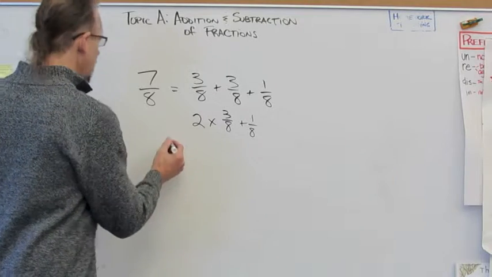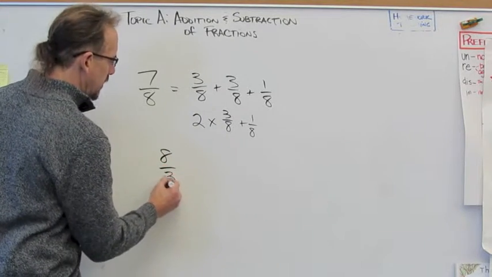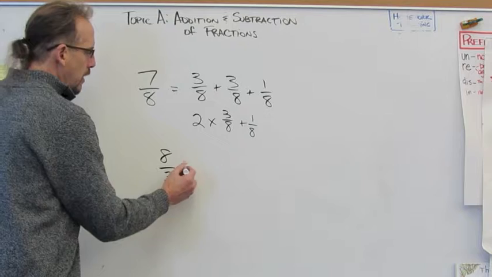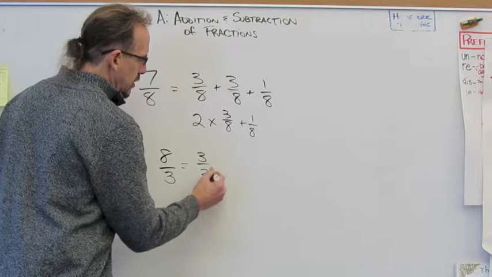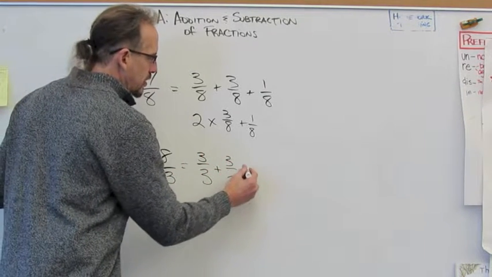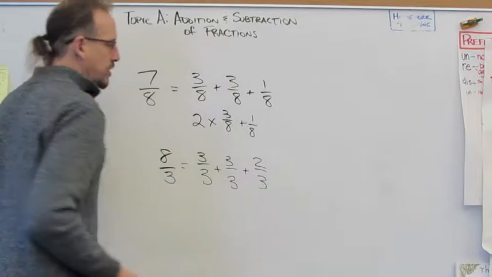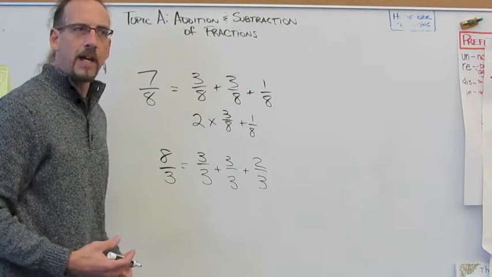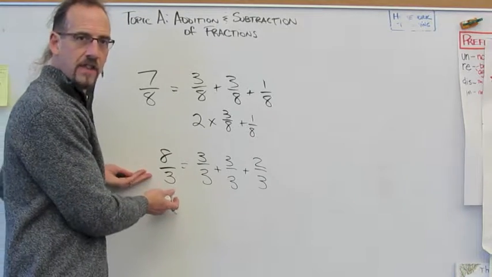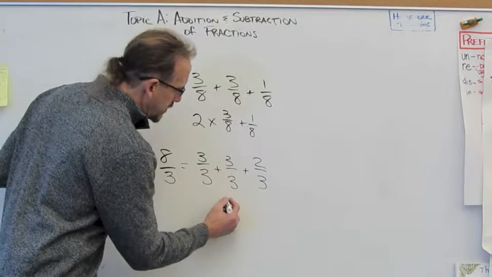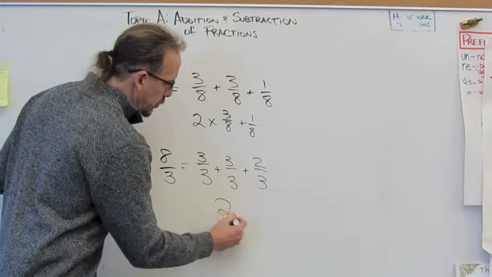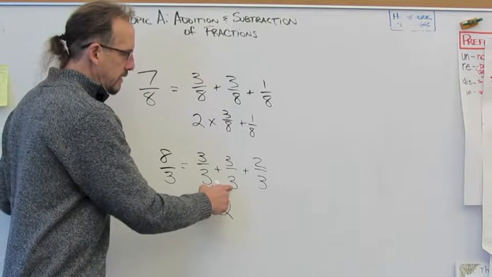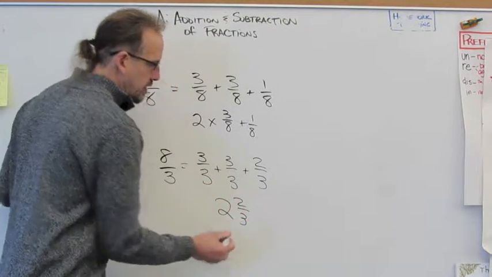Or we might take something like 8/3. And we want them to know that that is 3/3 plus 3/3 plus 2/3. And you can see how decomposing it like that is going to help them later be able to turn a fraction like this into its mixed number form, which is 2, 1 plus 1, and 2/3.